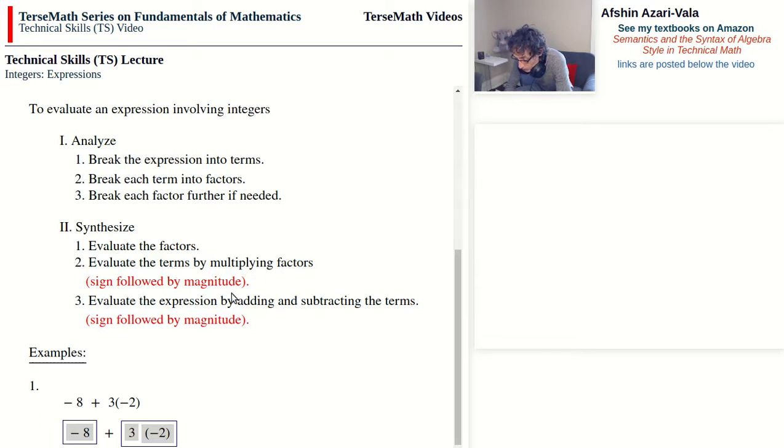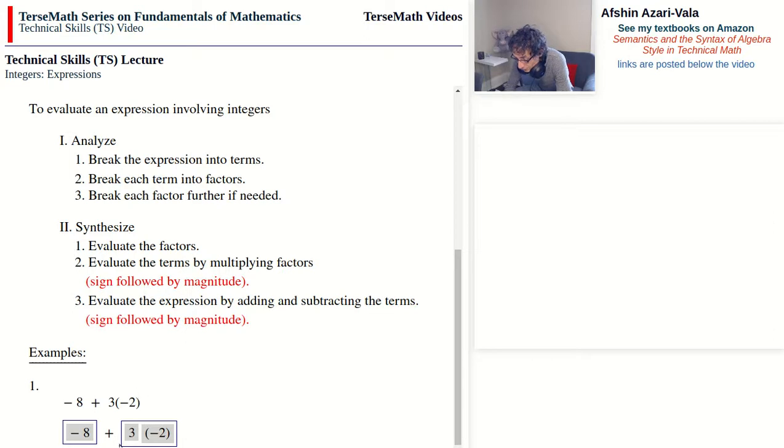Sign followed by magnitude. Term number 1 is just -8. For term number 2, there is only one negative sign. Now, if this was a subtraction, I would count that one as well. But right now, overall, there is one negative sign, so the overall sign will be negative.